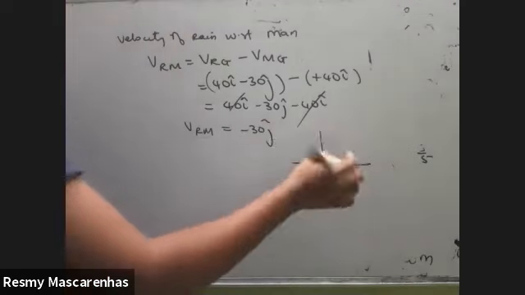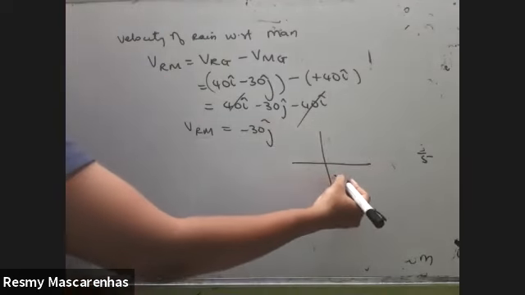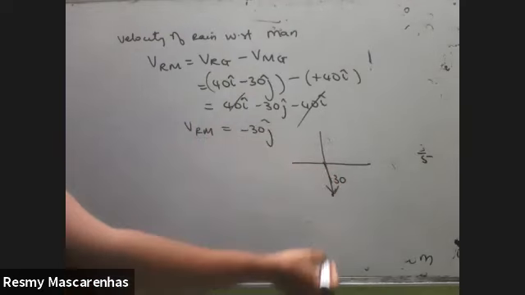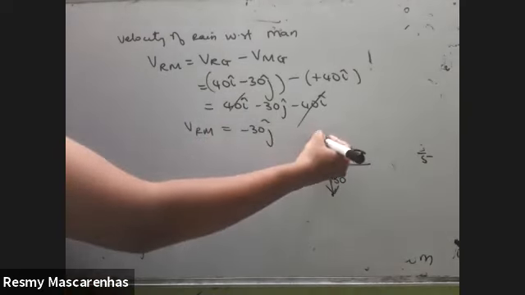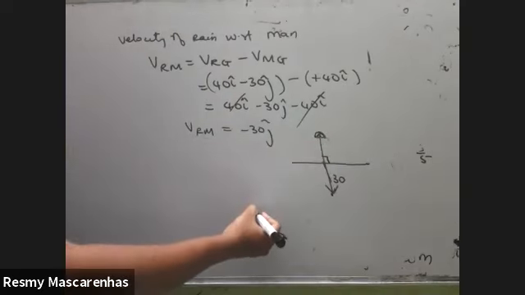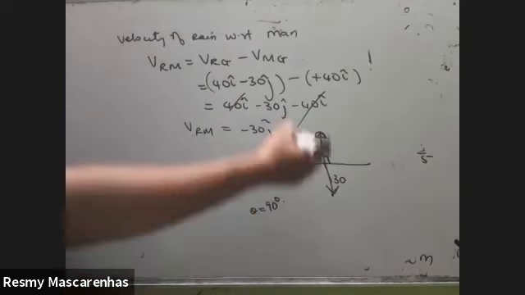The answer is, plot it on this. So minus 30 j cap will be in this direction. So your umbrella will have to be held exactly in the opposite direction. Angle of 90 degrees.